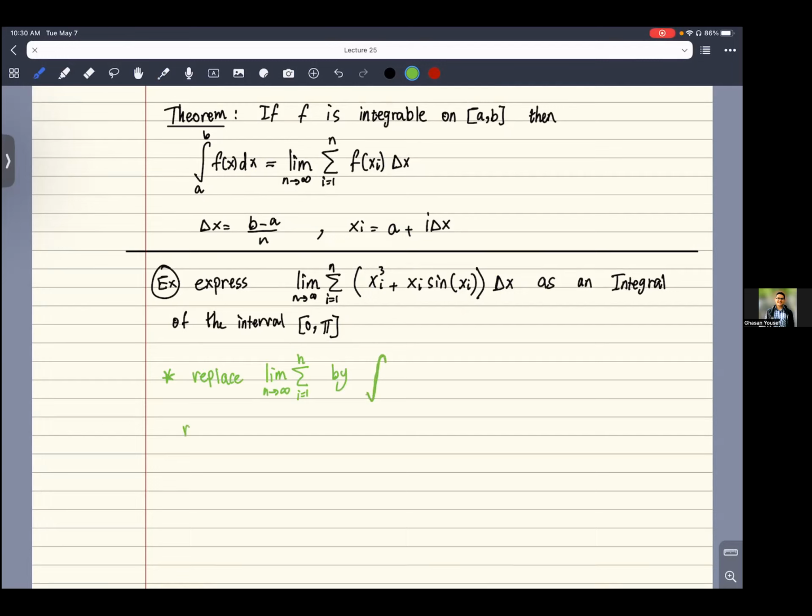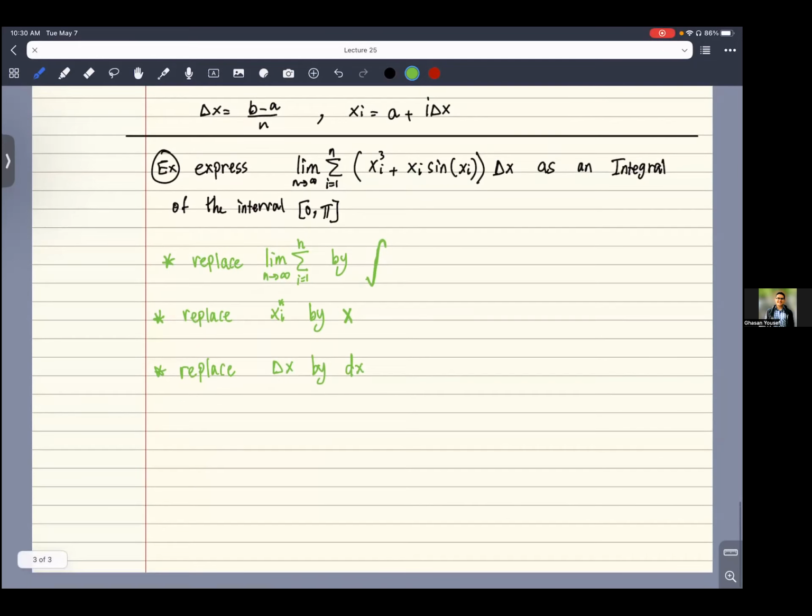Also, we're going to replace xi star by the value x. Also, we should replace delta x by dx. These are the important notes. Now we can use these notes to express the integral.